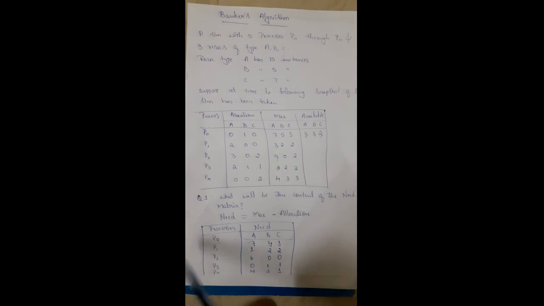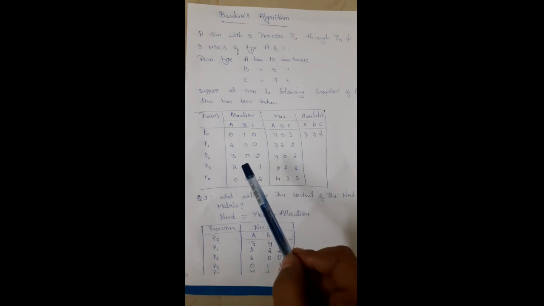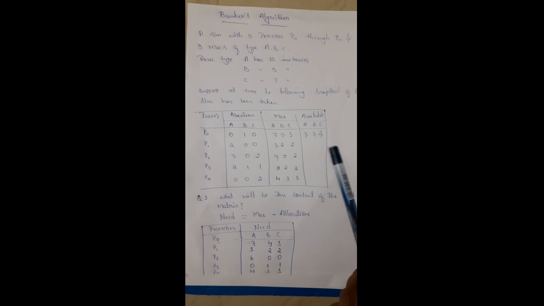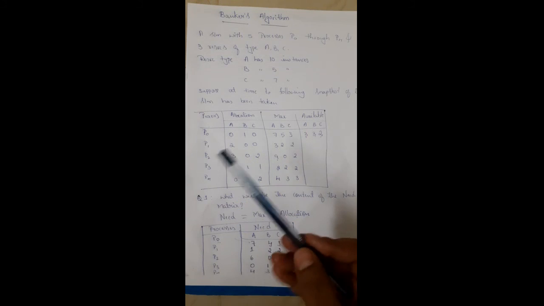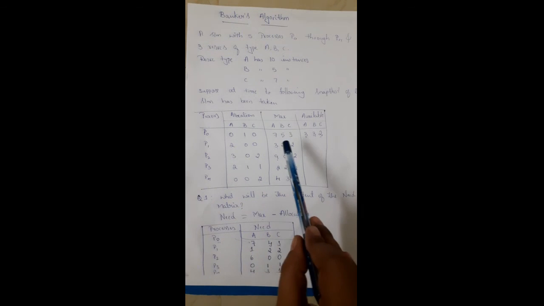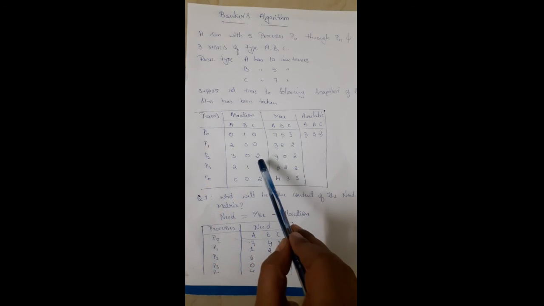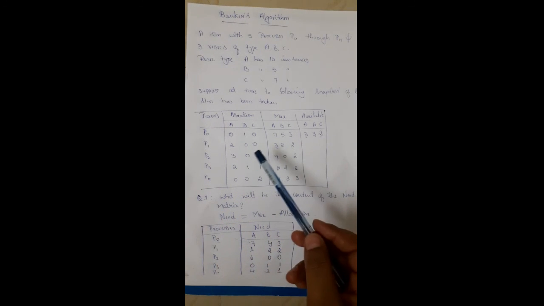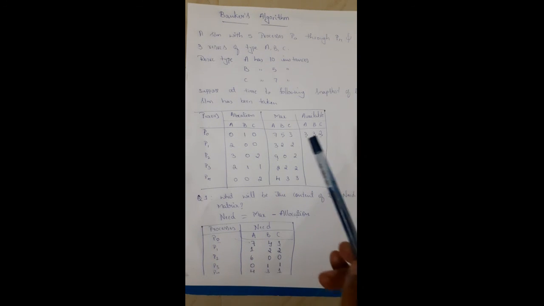Now for this data we have to run the safety algorithm and check whether this allocation leads to a safe state. At this point, allocation is already done to some extent for the execution of these processes. Now we'll run the safety algorithm and check whether this allocation leads to a safe state or not.